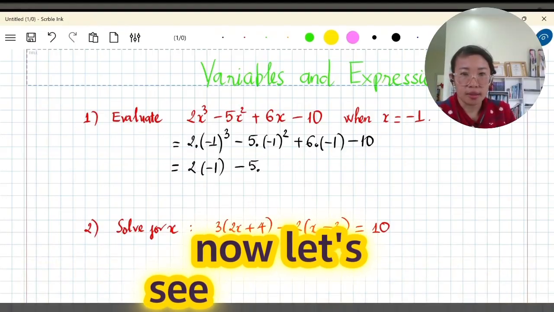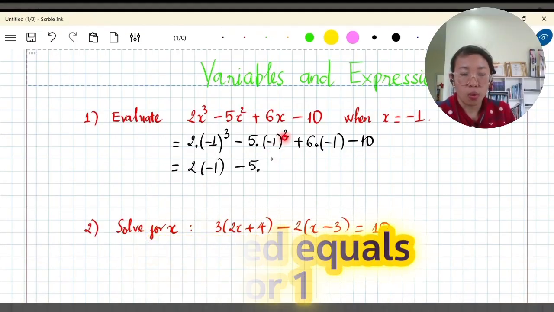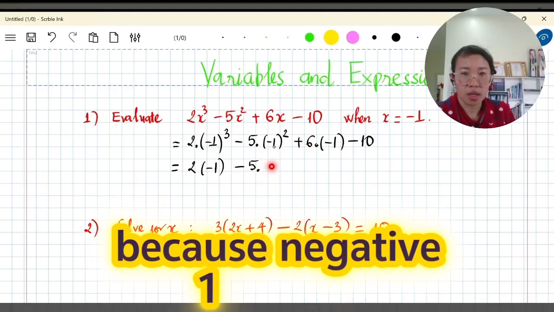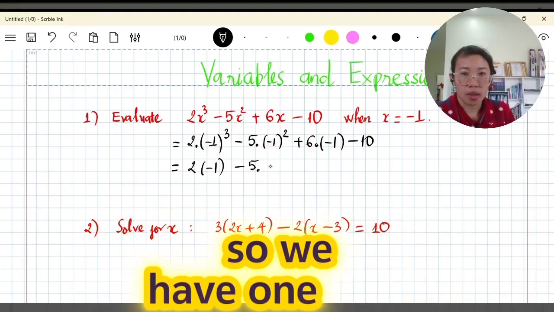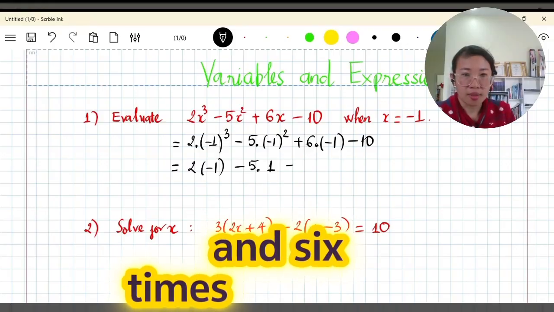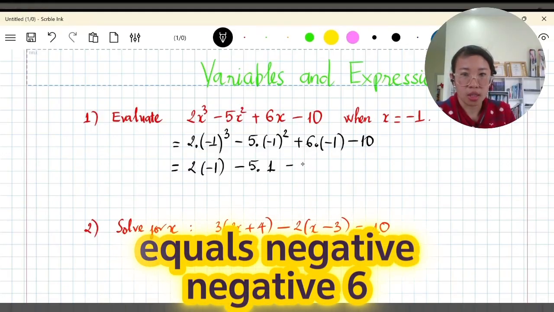Now let's see, negative 1 squared equals 1, because negative 1 squared means negative 1 times negative 1, so we have 1 here, and 6 times negative 1 equals negative 6.